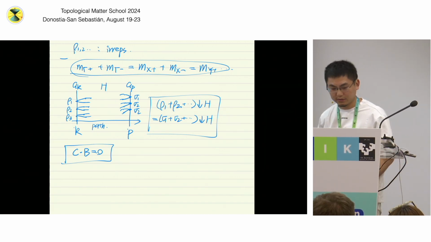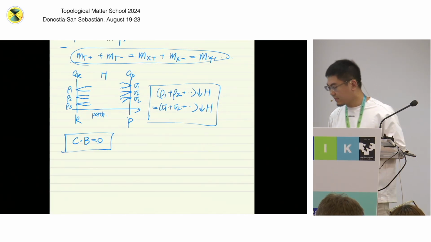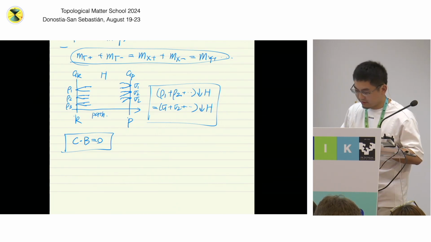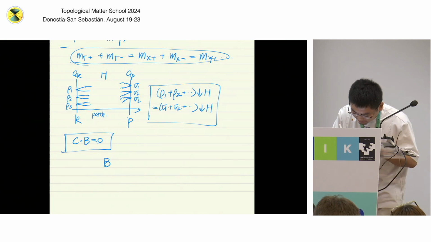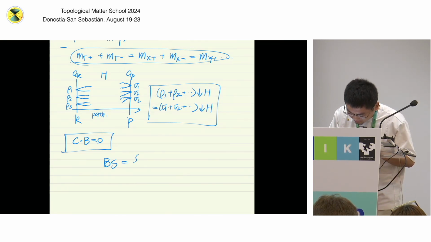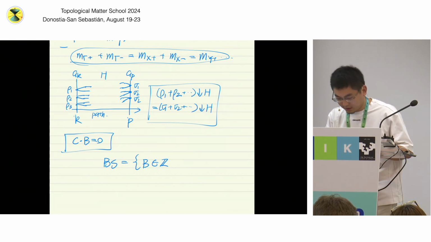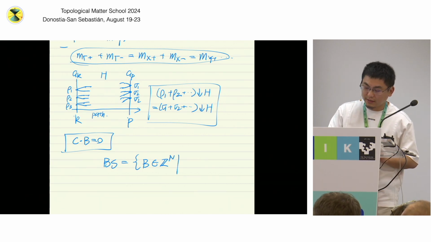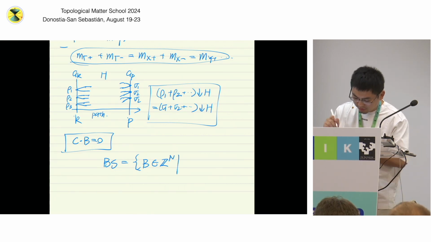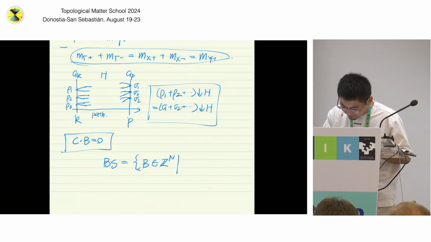And if we collect all these compatibility relations together, we just have a very huge C matrix, but still it's a simple linear equation. So given this constraint, we can define a set called the band structure set. We denote it as BS. It's given by B vectors in Z^N, where N is the length of the B vector, such that B belongs to Z^N and B satisfies this compatibility relation.